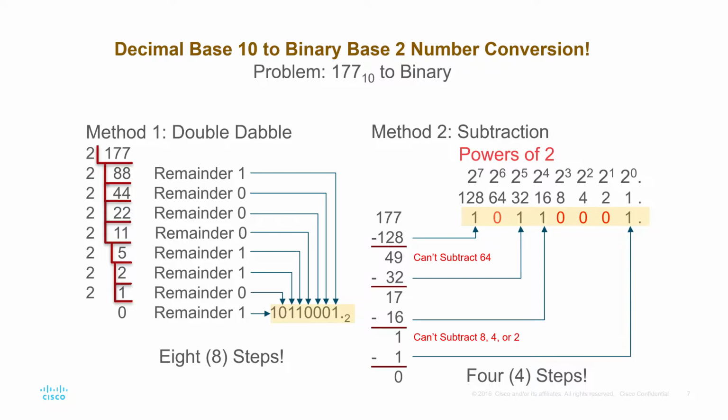Either method works, but in the double-dabble method, even if the remainder is a 0, you are still doing a mathematical operation, which you do not do in the subtraction method. Therefore, usually the subtraction method is much more accurate.